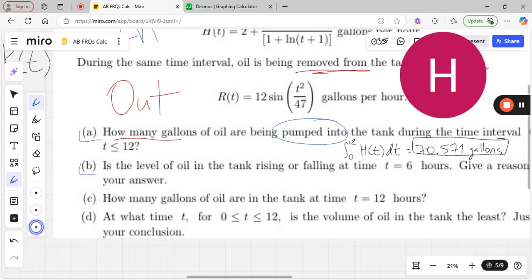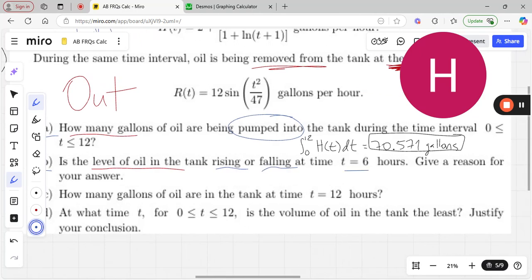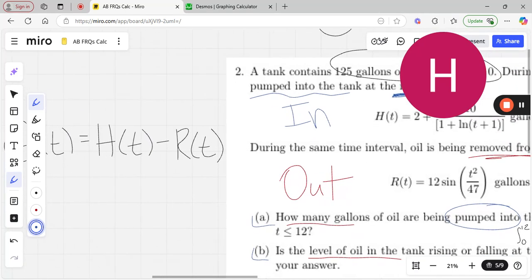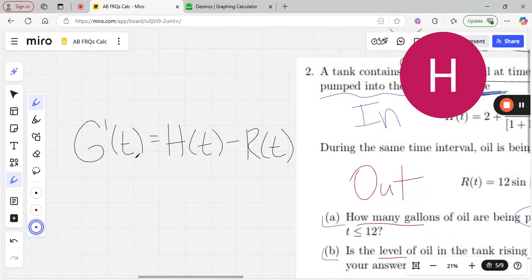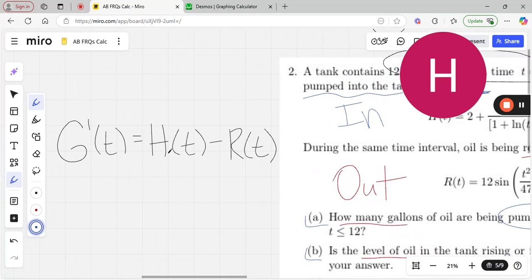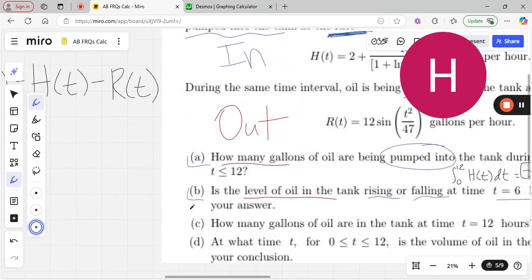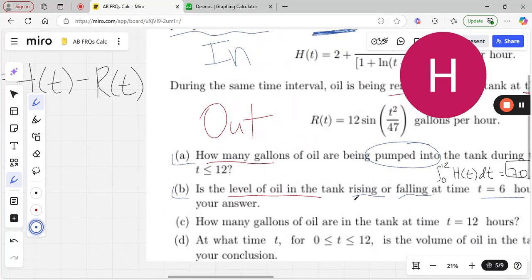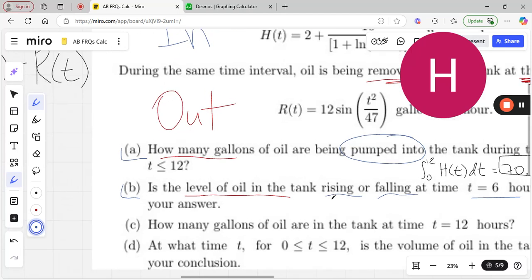Question B. Is the level of oil rising or falling at t equals 6? Well, I just said earlier that the change in the gallons is the amount coming in minus the amount coming out. So if the level of oil is rising, that would mean more coming in.